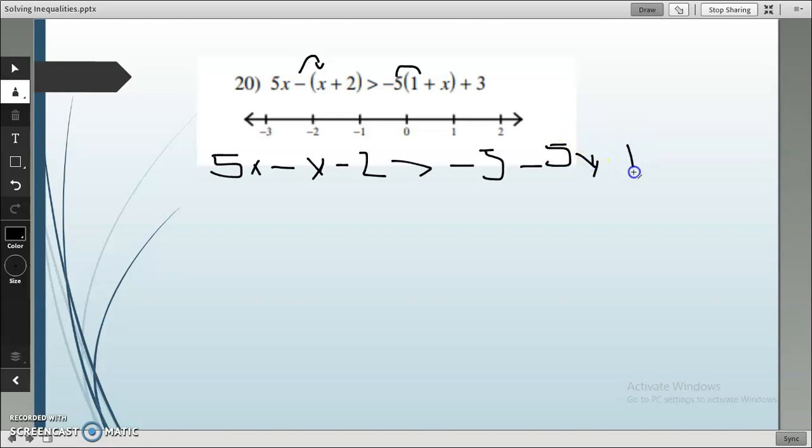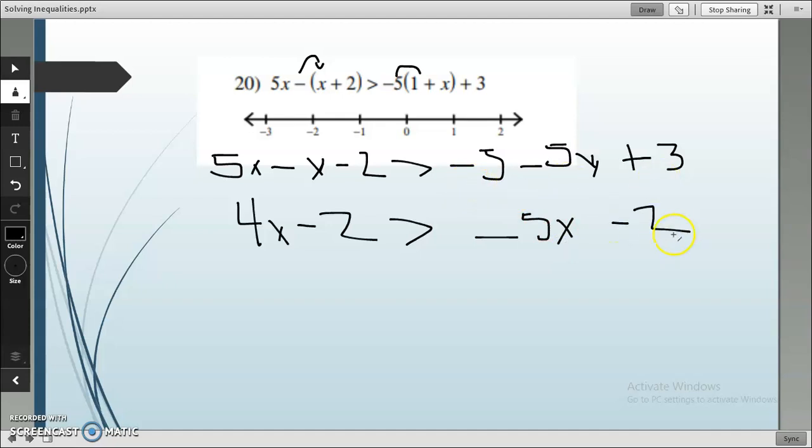And plus 3. So again, I need to combine my like terms. I have an x minus x, which gives me 4x minus 2 is greater than negative 5x. Well, let's put the negative 5x first. I like the x's to come first, just my preference. Negative 5 plus 3 is negative 2.